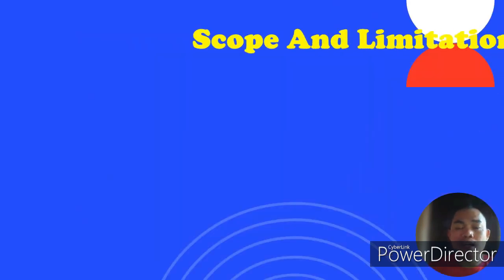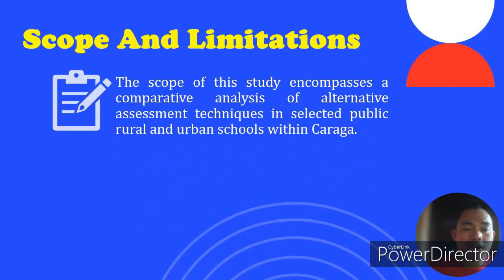For the scope and limitations of the study, first is the scope. This study encompasses a comparative analysis of alternative assessment techniques in selected public and rural schools within Caraga.